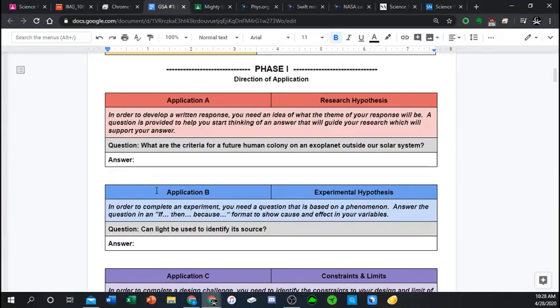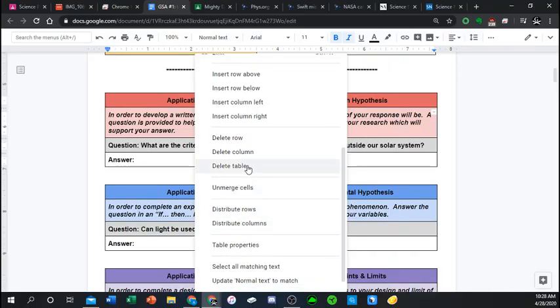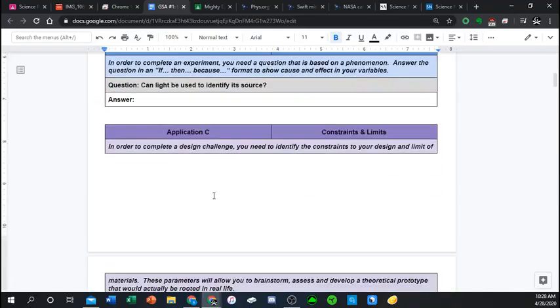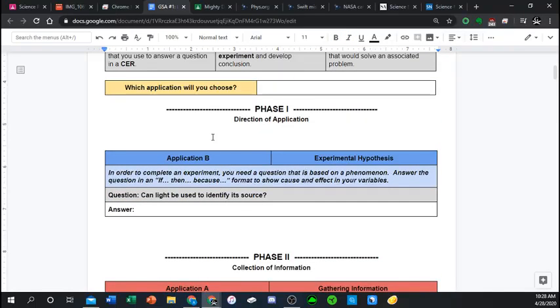So if I'm doing application B, I can two-finger click this table and I can just hit delete table. Application C, two-finger click, delete table. And now my phase 1 is just my application B. I'm not worried about anything else because I'm only doing one of these. I'm not doing all three of them.